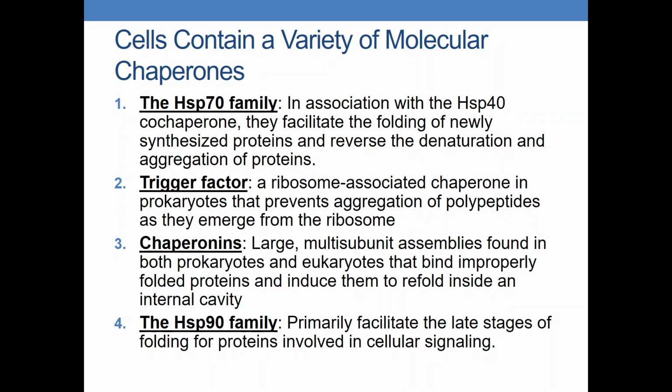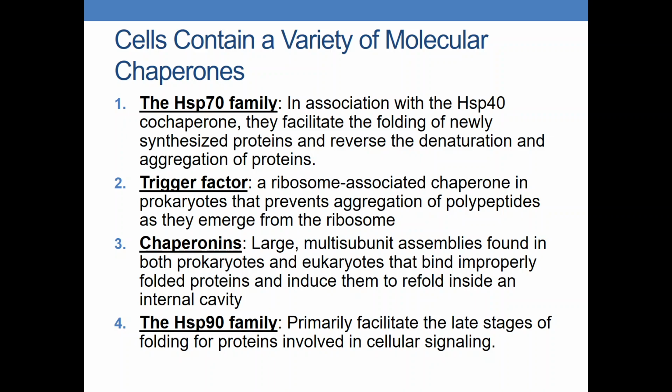So trigger factors. These are ribosome-associated chaperones found in prokaryotes that prevent aggregation of polypeptides as they emerge from the ribosome. So trigger factors and HSP70s are actually the first chaperones that a newly synthesized prokaryotic protein encounters. In E. coli, there is some redundancy here. You can actually delete the gene for either trigger factor or HSP70, but not both.